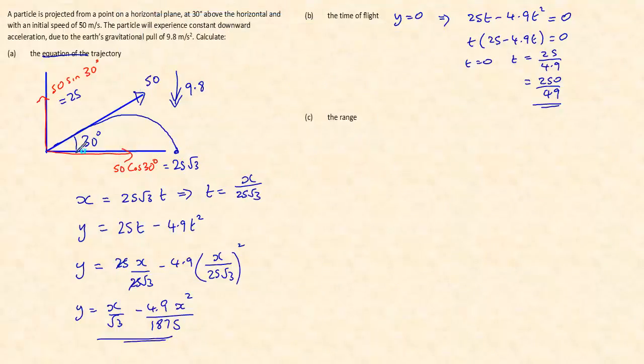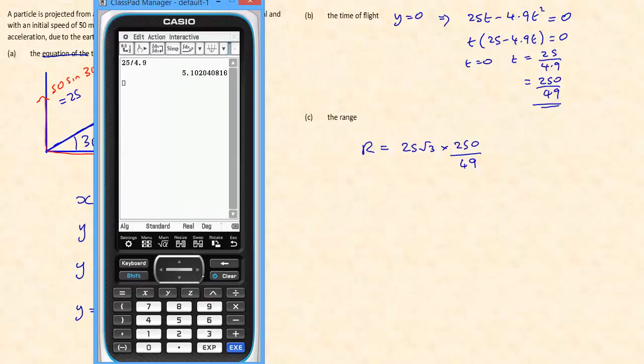The range will be the distance here, so we know that x is 25 root 3 t, and it lands at this time, so that's going to be 25 root 3 times 250 over 49.